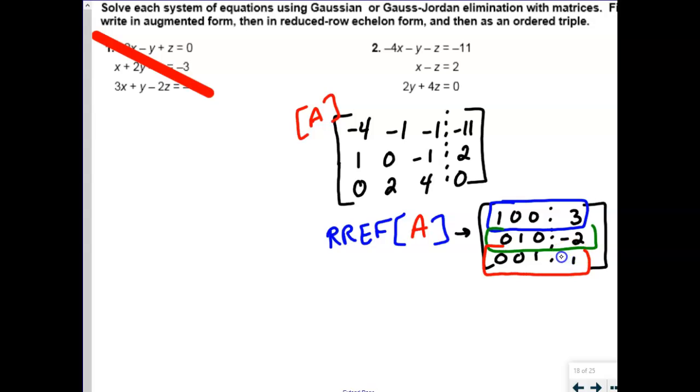Now, if you don't get the same solution matrix like I did, that probably means one of us has something typed in wrong. And it's probably you this time, because I've verified this answer a few times. But now that I say that, I probably wrote something wrong. Okay, so we're going to want to write our answer as an ordered triple. Yep, 3, -2, and 1.